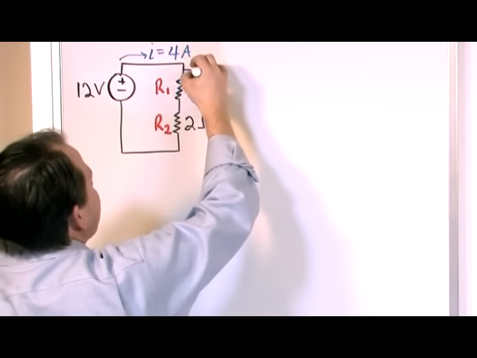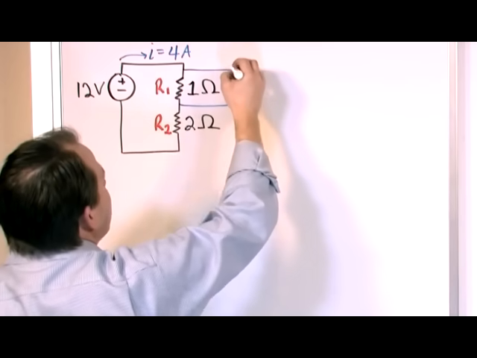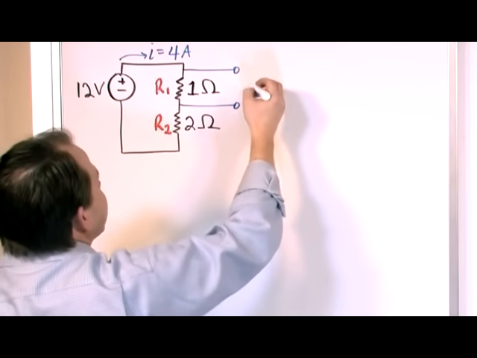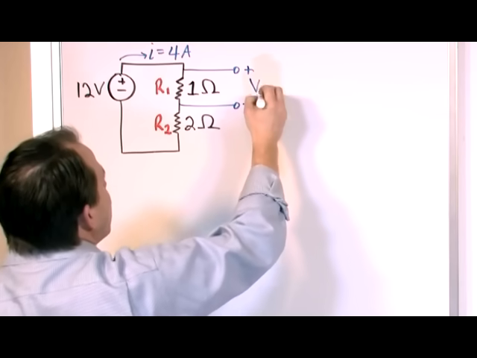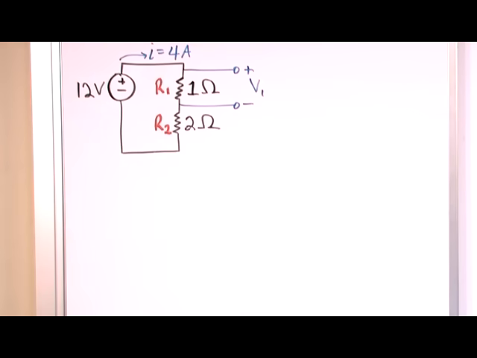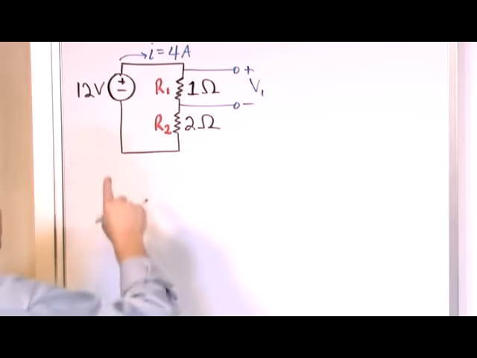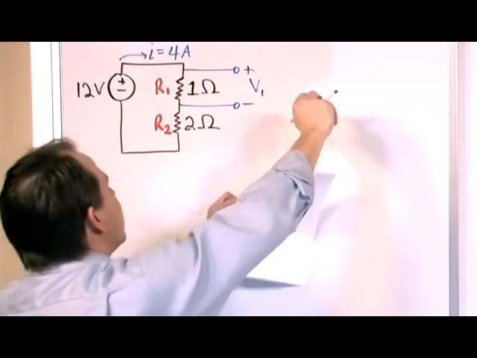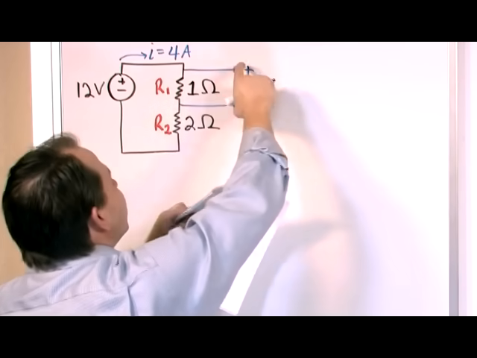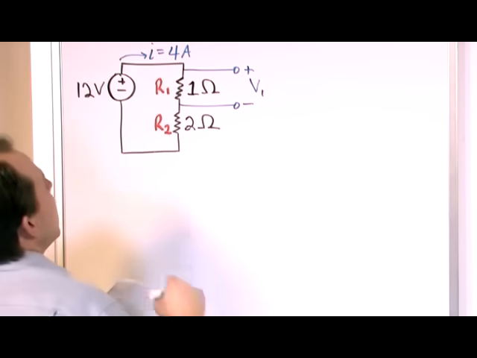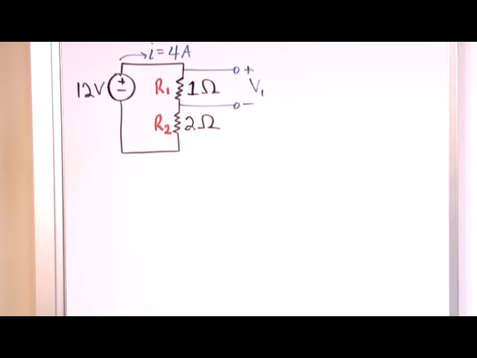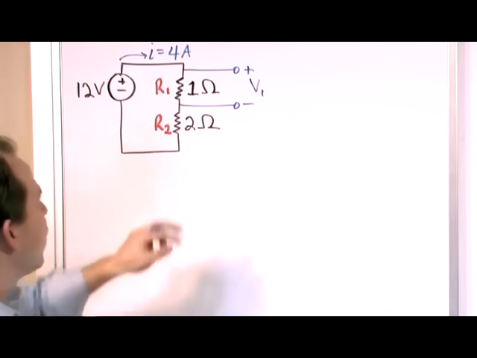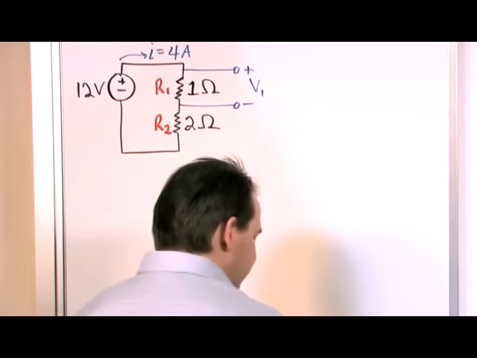We might have something like this drawn on our paper, with little plus and minus marks and V1. All this means is here is the circuit, electricity is going like this, we stick a probe in and we measure the voltage only across resistance 1. What is that voltage? We call it V1 because it matches up with R1. How do we calculate that voltage?